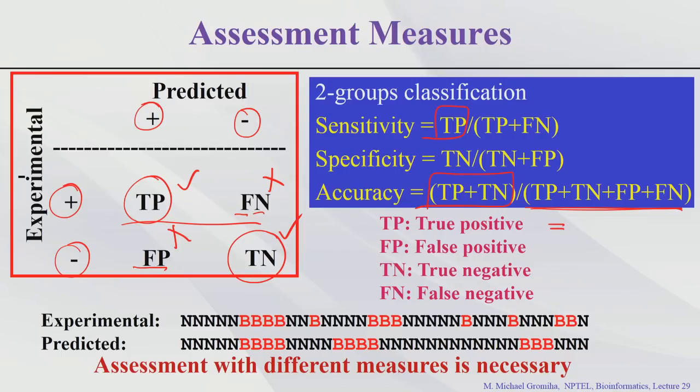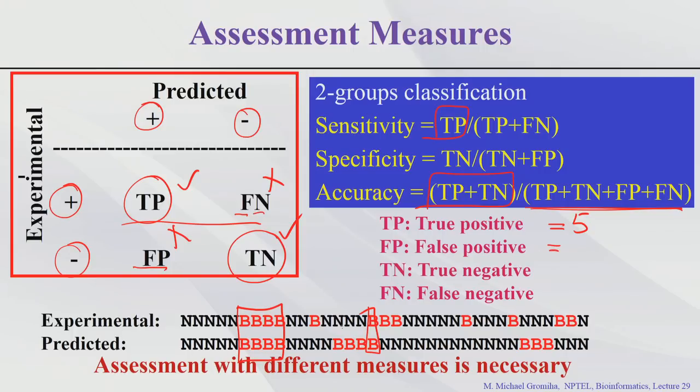True positives means what? Positives predicted as positive. How many true positives? 5. How many false positives?